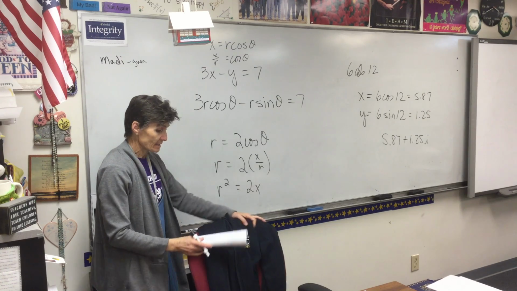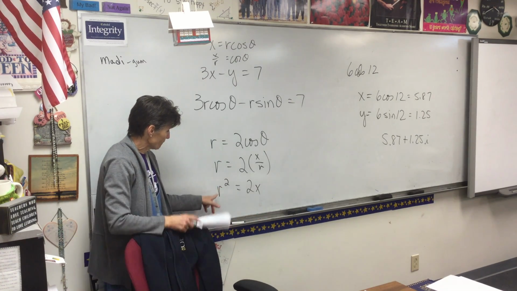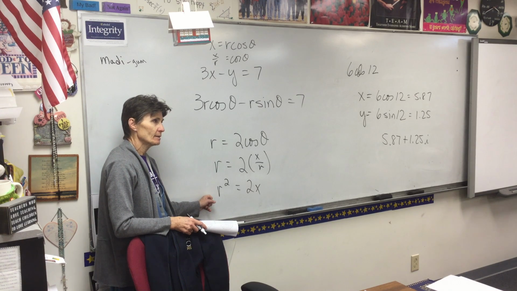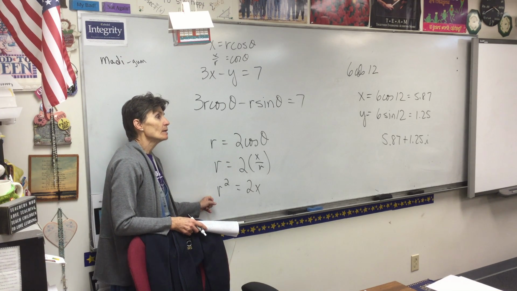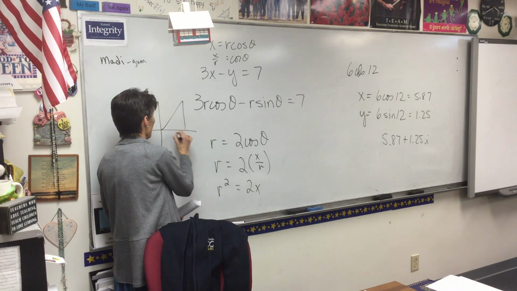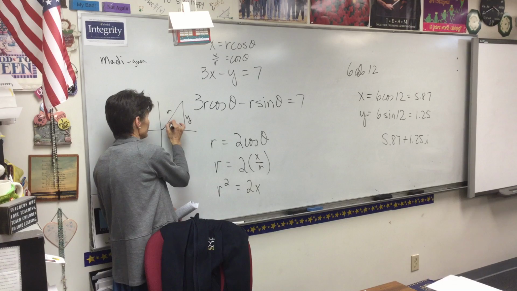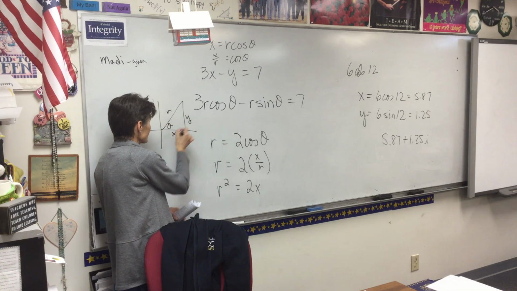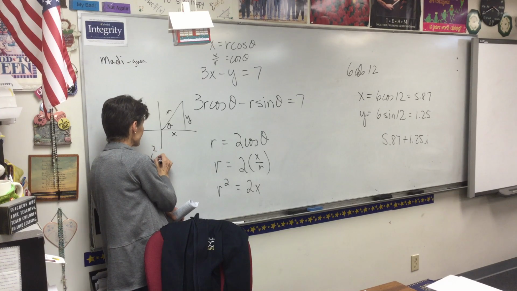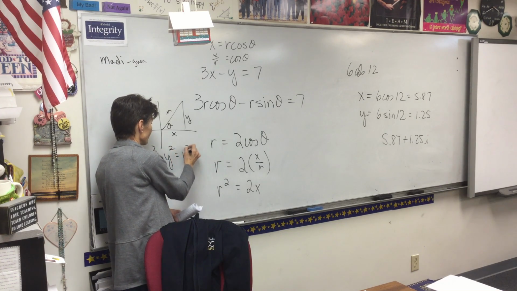Now, this is kind of a special situation here. What do I do at this point? This happened yesterday. Yesterday we got x squared. If you think about the picture that you always draw, doesn't x squared plus y squared equal r squared? Yeah, so we use that substitution.